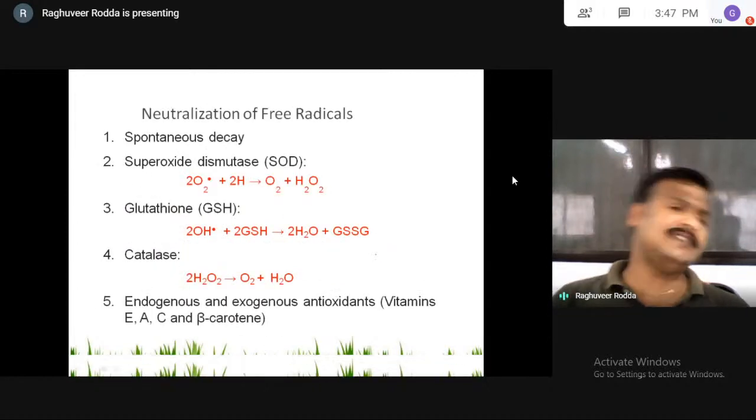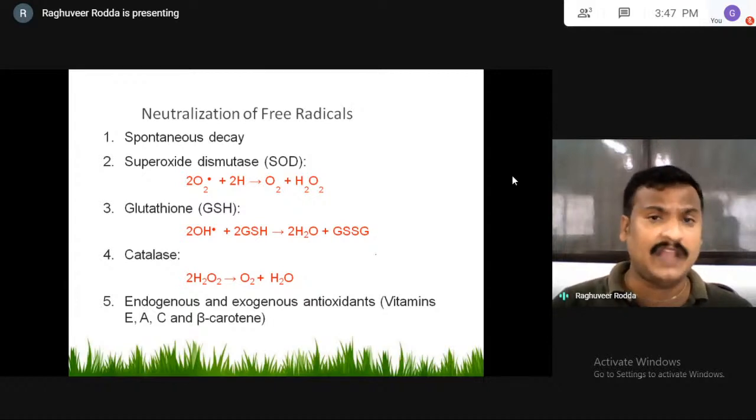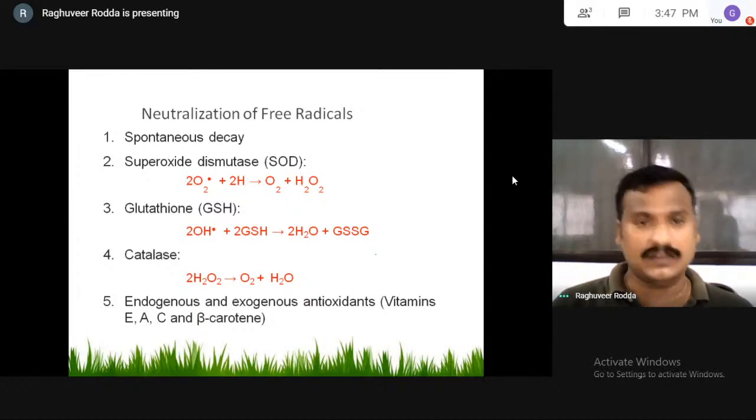So let us take what neutralization mechanisms the body has. What type of neutralization reactions does the body have to overcome reactive oxygen species or free radicals? Definitely, it is not possible to maintain biochemical reactions without forming free radicals or highly reactive species.